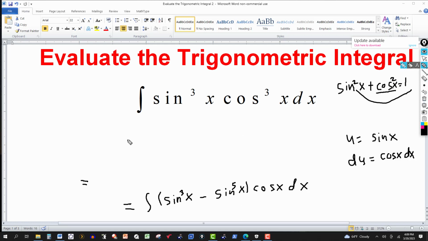Then I'll follow up with my next step. This will be the integral, and then I'll make the substitution.